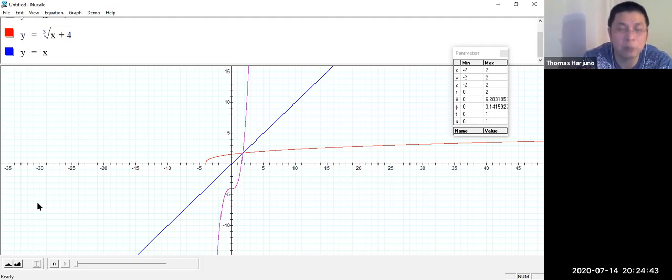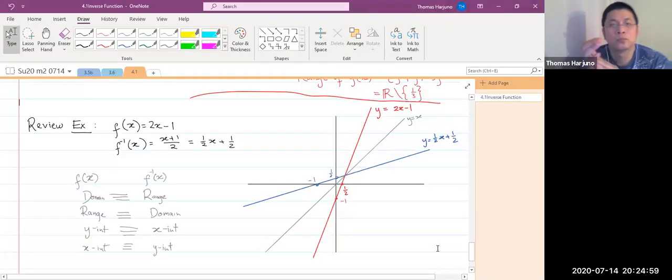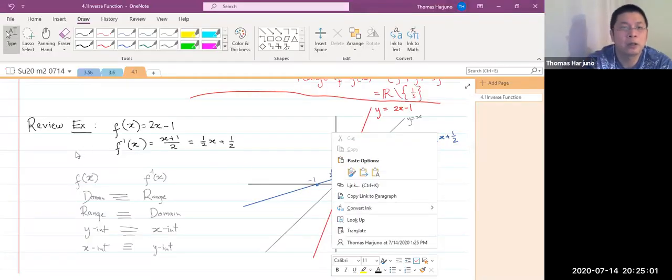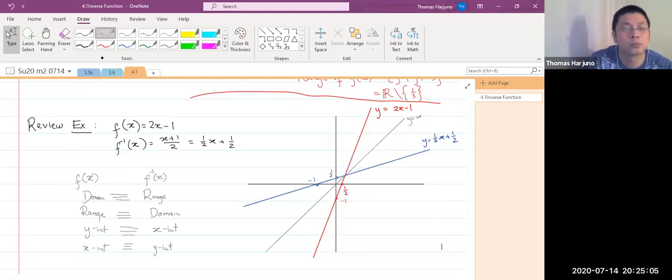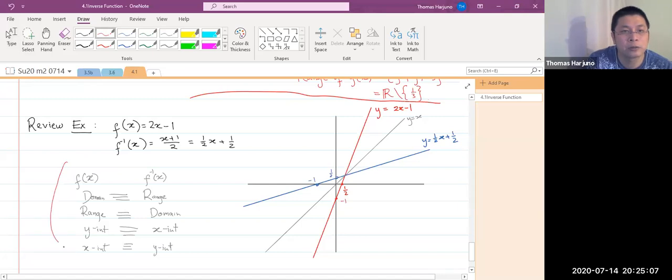Therefore, the logarithmic function is also 1-to-1, and the graph is actually its reflection with respect to the y equals x line. Let me go back to our notes. Okay, now remember these notes here. Very important.